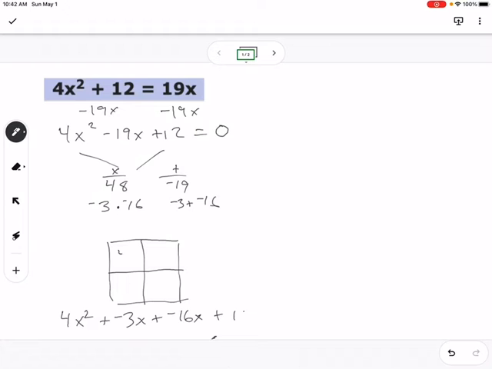And those 4 terms go in the 4 squares. As long as you have your first term and your last term in the top left and bottom right corners, then the x terms, turns out, can be interchanged. So it could have been negative 3x in the top right or in the bottom left.